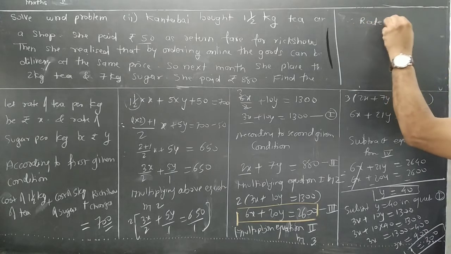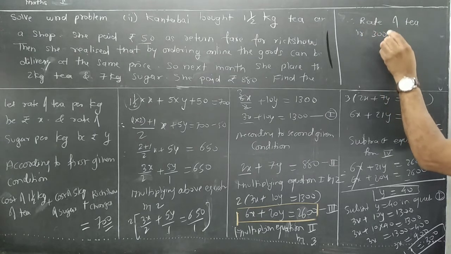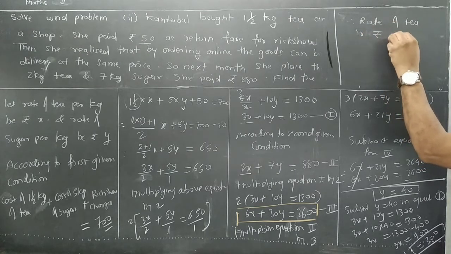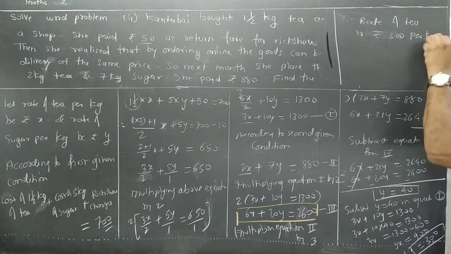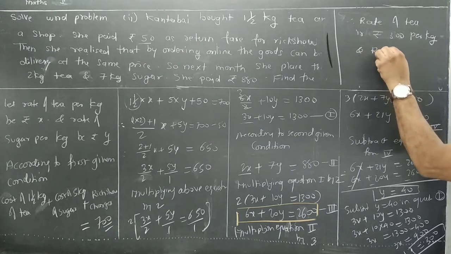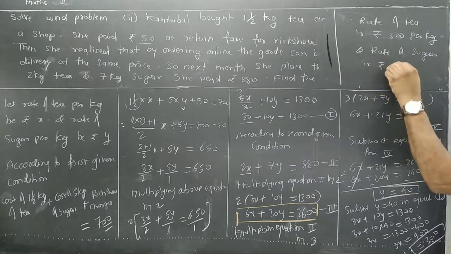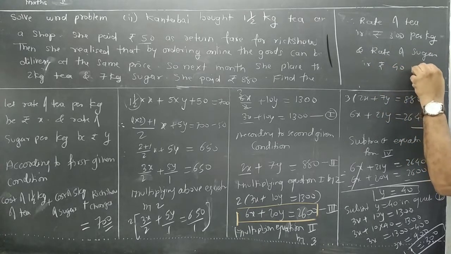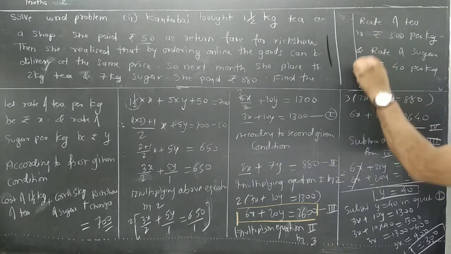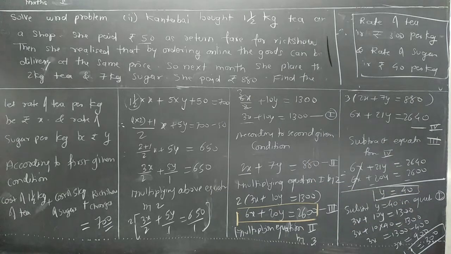Therefore, the rate of tea is 300, or we can write Indian rupees 300 per kg, and the rate of sugar is rupees 40 per kg. You are going to put that in a box. Have you understood this now? I think it was a fantastic question. If not, try to understand it once again and comment on it.